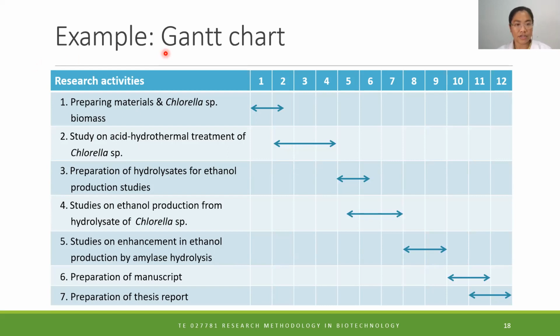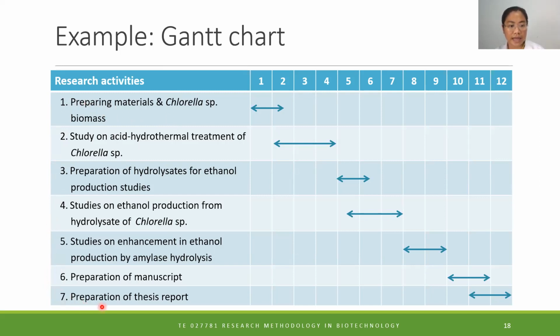So in the Gantt chart, what you do is you list out the research activities. Your expected results and so on should already be in your research plan. Okay, research activities, like for this research, it is actual research that has been done.